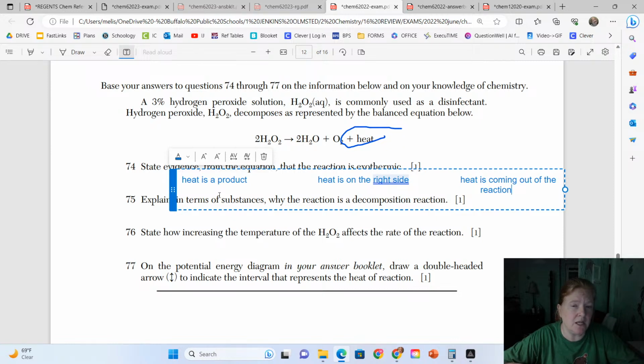Because the evidence that it's exothermic, you have to say heat. Yeah, heat is on the right side. Heat is a product. Heat is coming out of the reaction. Heat is lost. That's okay. But the evidence for exothermic has to involve heat or energy. If you just say products, that doesn't tell me that you knew what on the product side showed exothermic. So you had to say the heat, and then you had to say which side it was on.